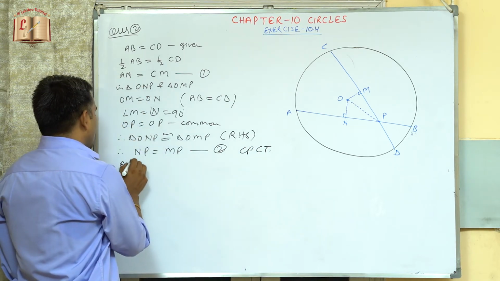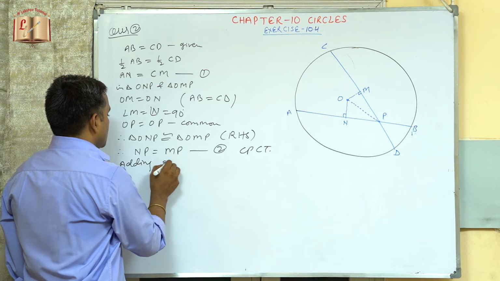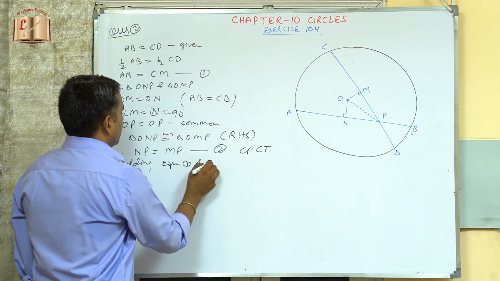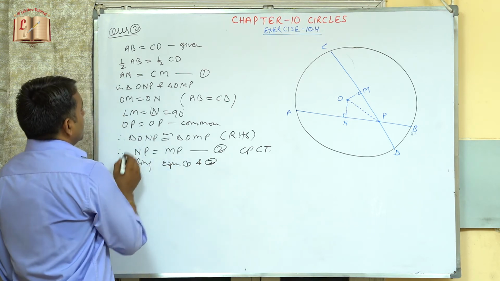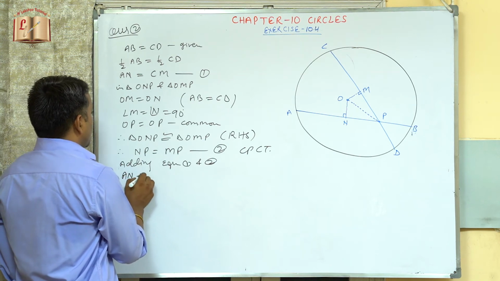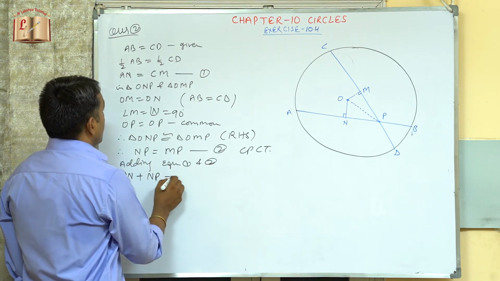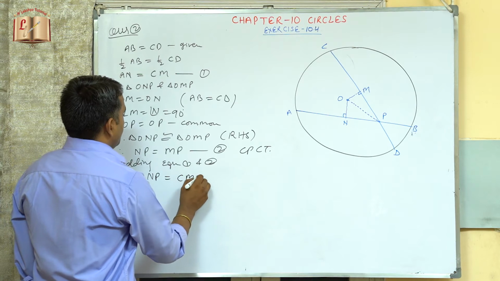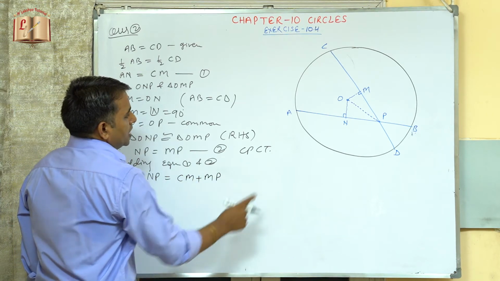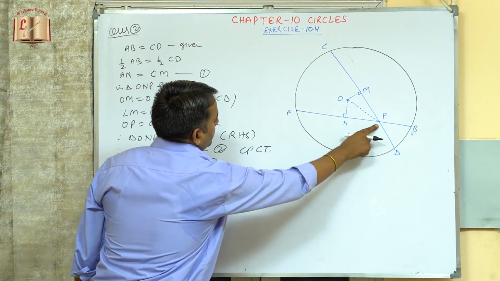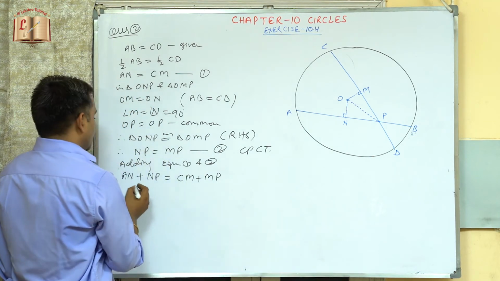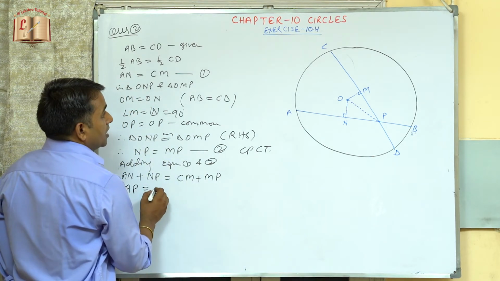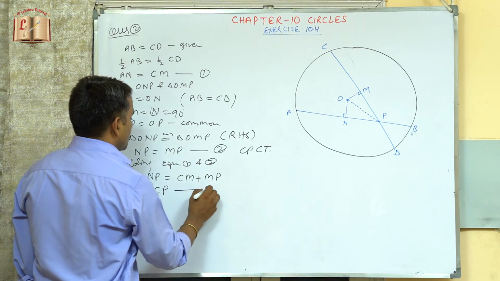So now adding equation 1 and 2, we get AN plus NP is equal to CM plus MP. AN plus NP is equal to AP, and CM plus MP is CP, so AP is equal to CP.